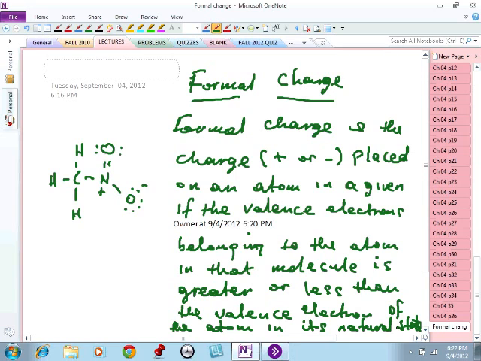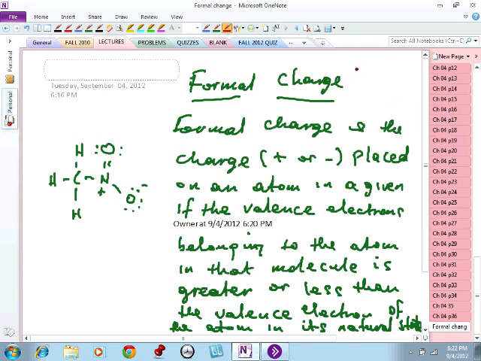About carbon? 4, exactly. So if you have a given atom in a given molecule, and the valence electrons that actually belong to it in that molecule are greater or less than the valence electrons in its natural state, then you must place a charge on that atom.